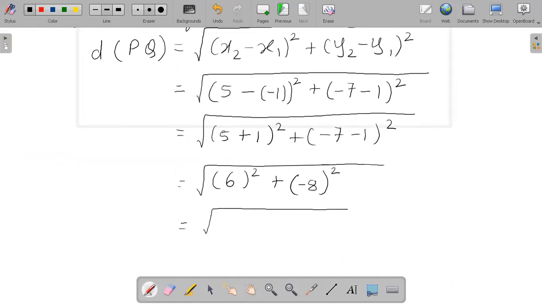Now we need to just take the squares. What is the square of 6? 36. Plus, what is the square of -8?